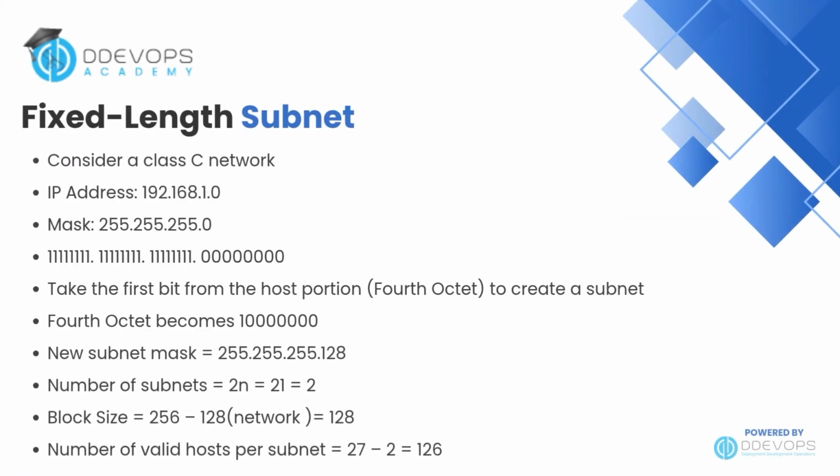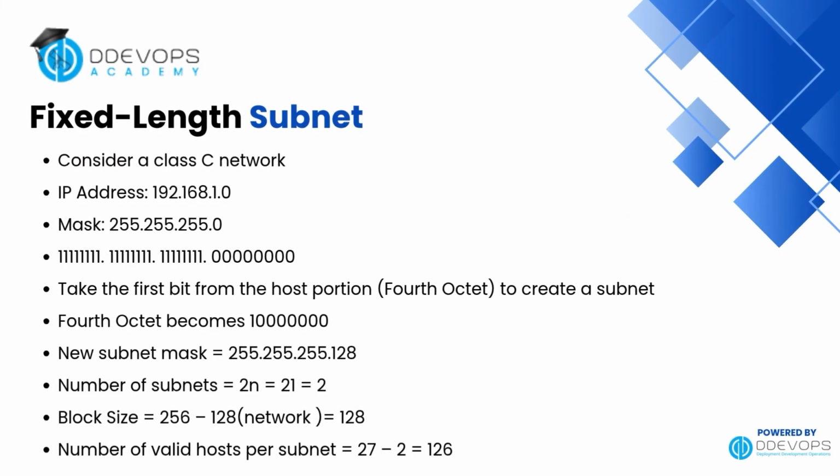Now let's understand the concept of fixed-length subnetting with an example. We're starting with a Class C network having the IP address 192.168.1.0 and a default subnet mask of 255.255.255.0. In binary form, this mask is written as 11111111.11111111.11111111.00000000.